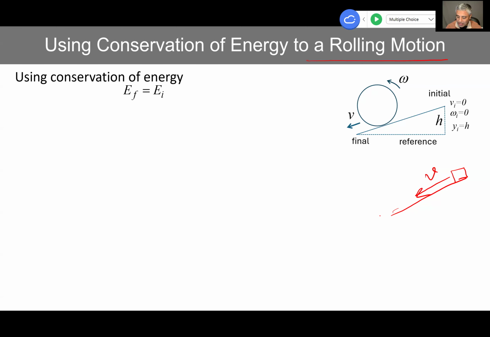And when we had that, we said, okay, let's mark the initial and the final position. And let's choose a reference point, because gravitational potential energy depends on the height. So we need to measure height or vertical position from some reference point. So we need a reference. That's what we've been doing.